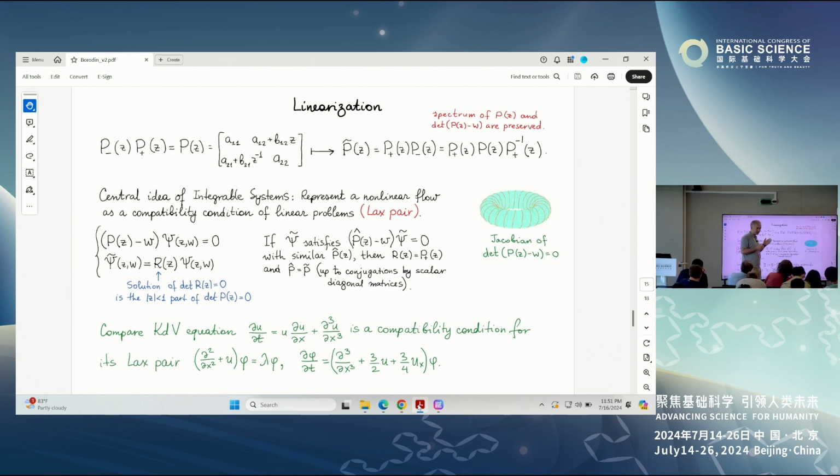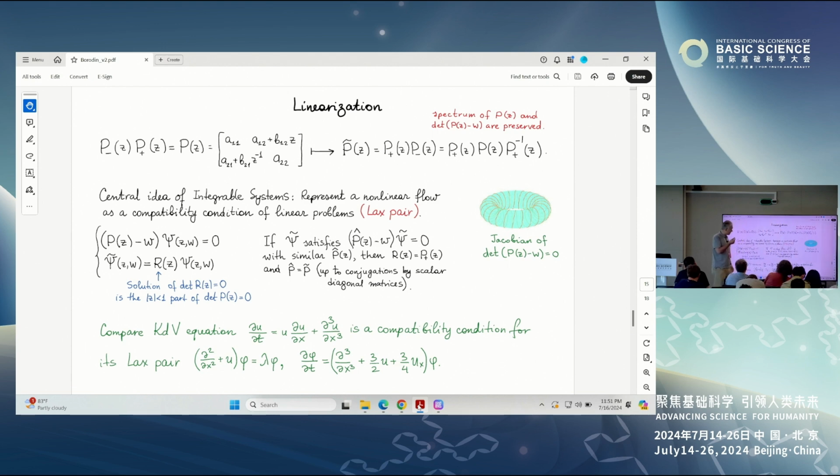So instead of looking at the dynamics on the matrix itself, I'm going to look at what it induces on the eigenvectors. An eigenvector, which I call psi here, depends on z and w. So z is the same as z here, and w is the eigenvalue. And z and w must vary on this curve, because the solution needs to exist.